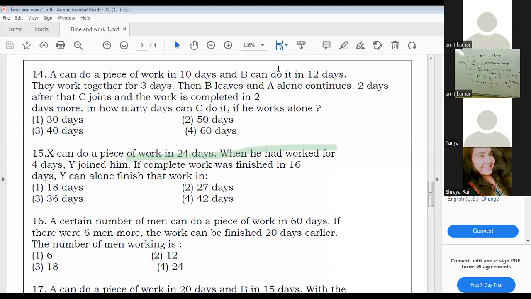Let us try to solve it again. It's quite an easy question, not so tough.